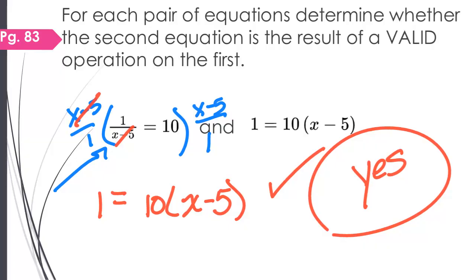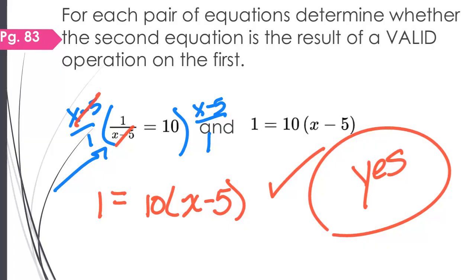Okay, very good. All right, any questions about any of these 4 problems on page 83? Yes? Dividing the second one by x minus 5 would be the same? Absolutely.